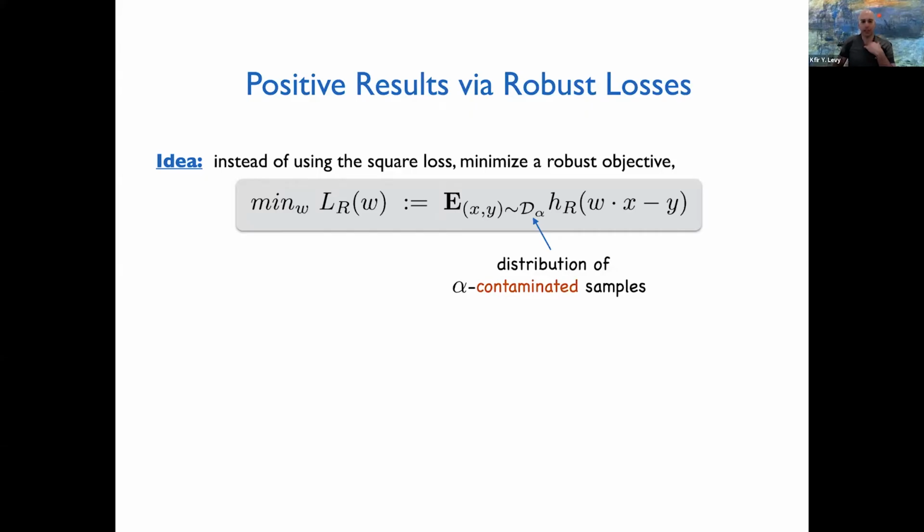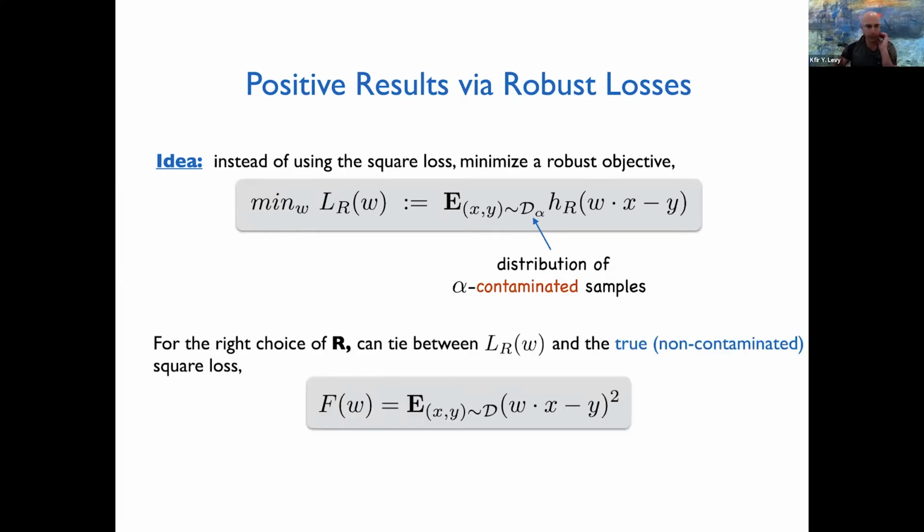Okay, so our approach is to solve this expected Huber loss problem over the contaminated data. And what we show is that for the right choice of this parameter R, we can tie between L R of W, this robust loss, which is defined over the contaminated data, and the true square loss, denoted here by F of W, that is defined over the clean data that we don't have access to.